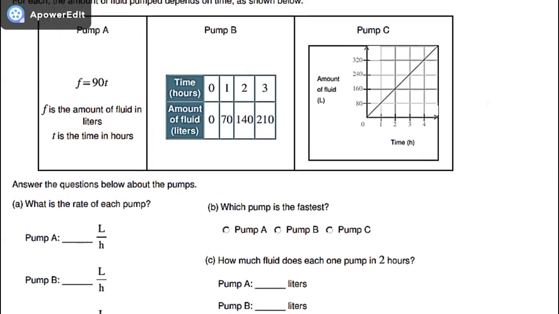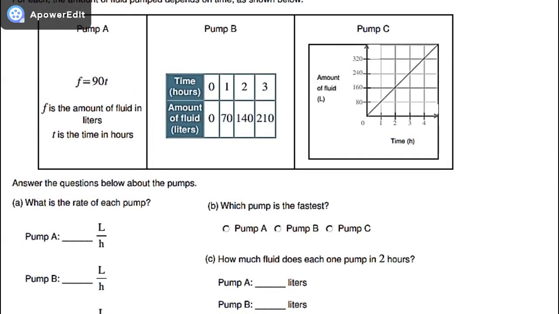Alright, so we're going to look at each of them. We're going to talk about the rate, so we talk about slope. So for the first equation, what do you think my slope is going to be? This just looks like y equals mx plus b. So your m in this case is going to be 900. So the rate is 900 for pump A.